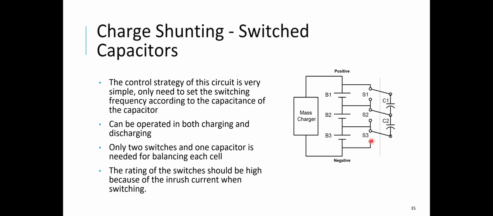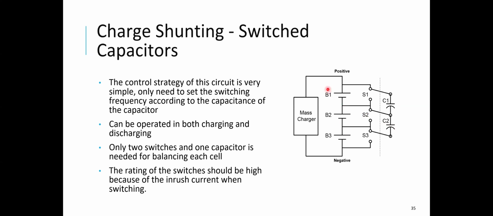So what do we have here? In this condition here, I have battery 1 connected across capacitor 1 and battery 2 connected across capacitor 2, meaning that the voltage across battery 1 will be the same as the voltage across capacitor 1, and similarly for battery 2 and capacitor 2. When the switch moves to the other position, now battery 2 will be connected across capacitor 1, and battery 3 will be connected across capacitor 2.